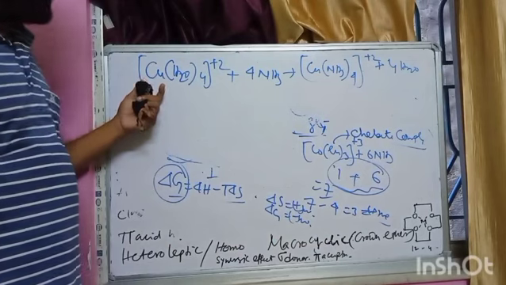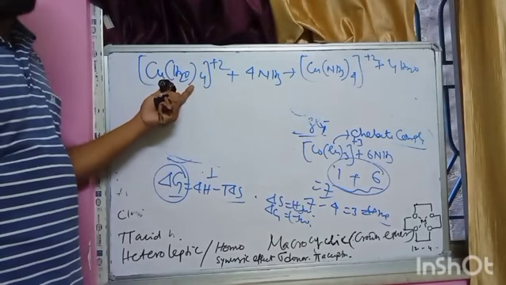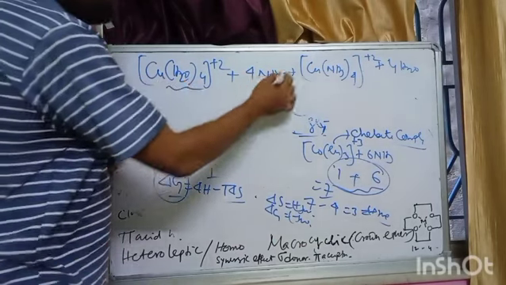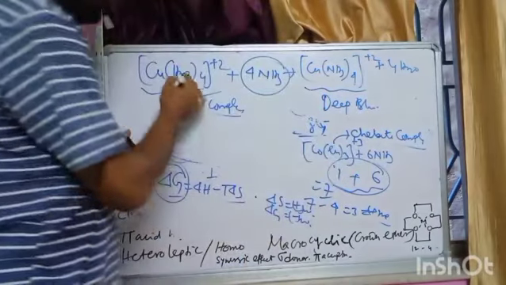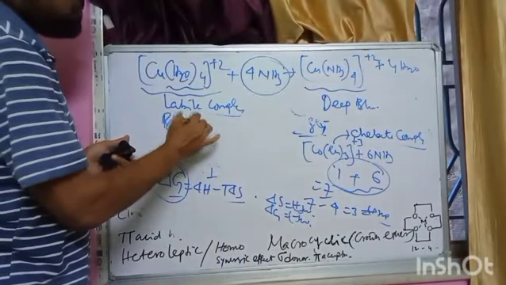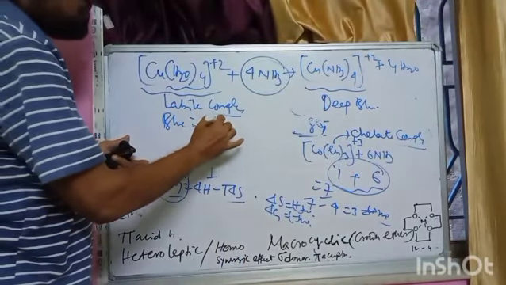Here the copper bonded to H2O ligands has these H2O ligands replaced by 4 NH3, forming a complex that is deep blue in color, while the original is just blue. This complex is called a labile complex.